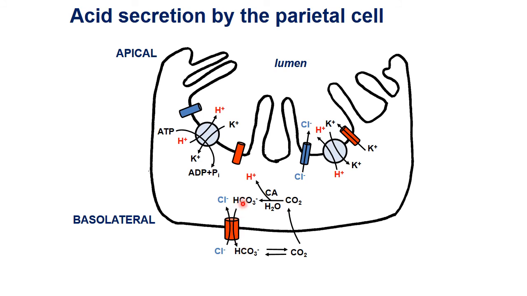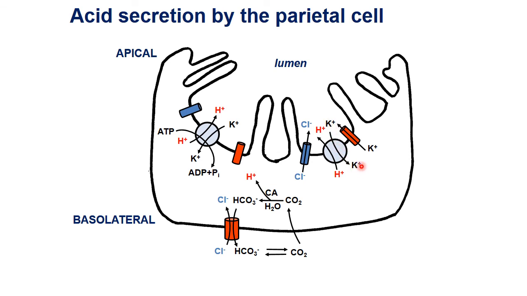The bicarbonate ion is then transported across the basolateral membrane, and this transport is coupled to the import of a chloride ion. The chloride can then be transported across the apical membrane by a transporter protein, while the proton is exchanged for a potassium ion by the proton pump, which is a process that requires ATP hydrolysis.